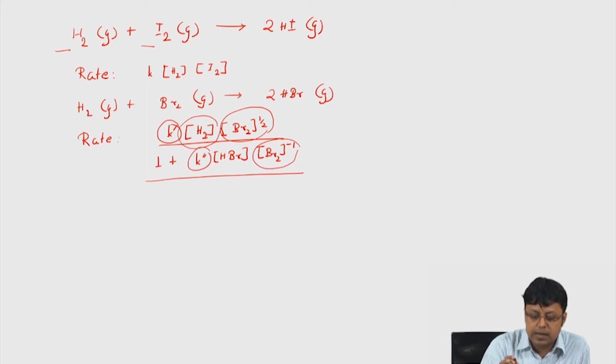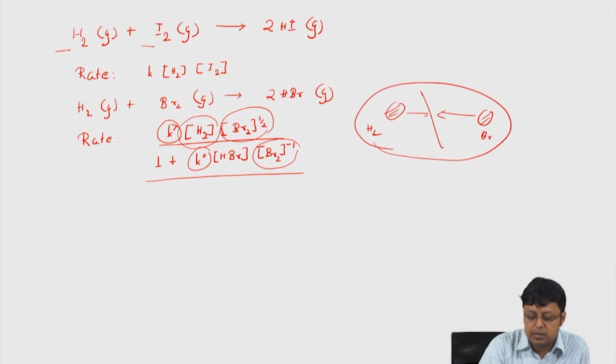So, which readily hints that the reaction does not happen like I have one H2 molecule and one Br2 molecule and they just collide with each other and then we get a reaction. It does not proceed via that channel. It should have proceeded via a very, very different channel. So, that means this reaction is not happening via this mechanism, but via different steps which we call elementary reactions.